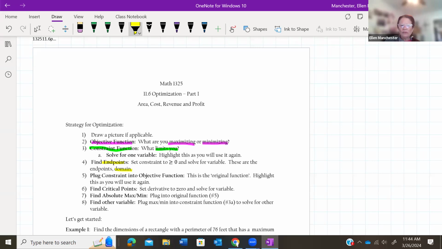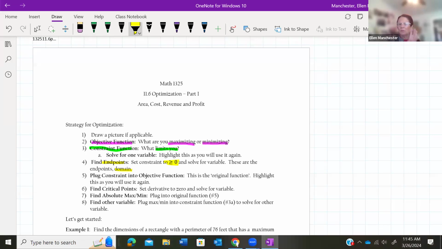What we want to establish is that our values are always positive. So we're going to set our constraint to greater than or equal to 0. All it's saying is I want positive values only. I can't have negative money, negative distances, or negative products.